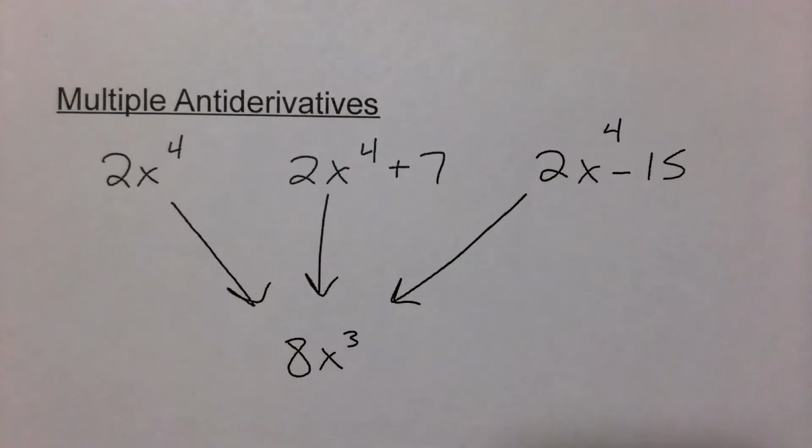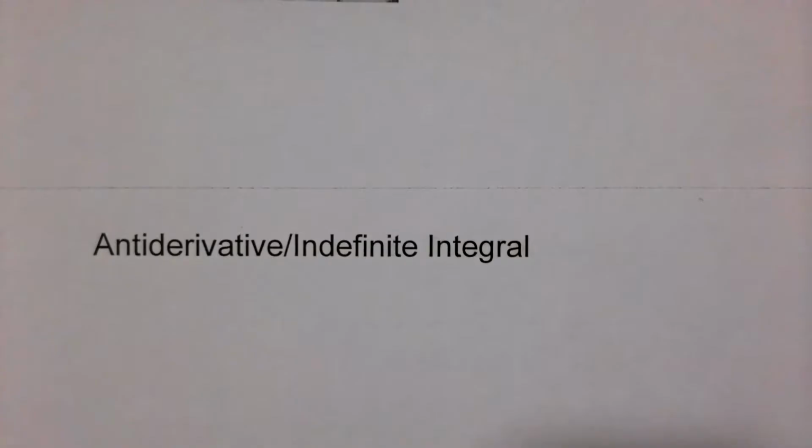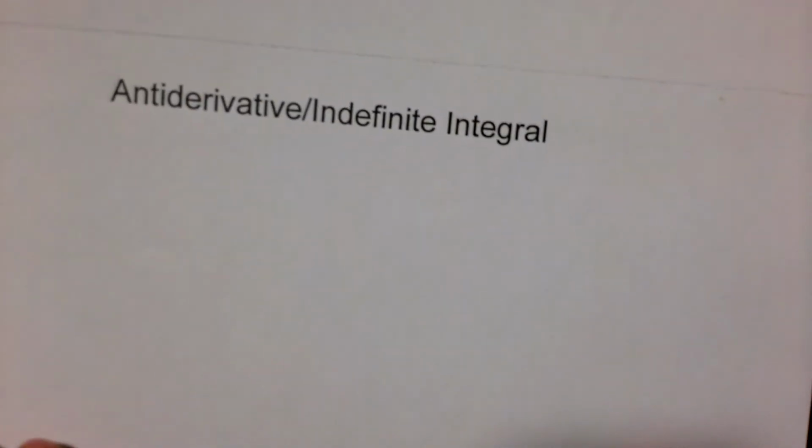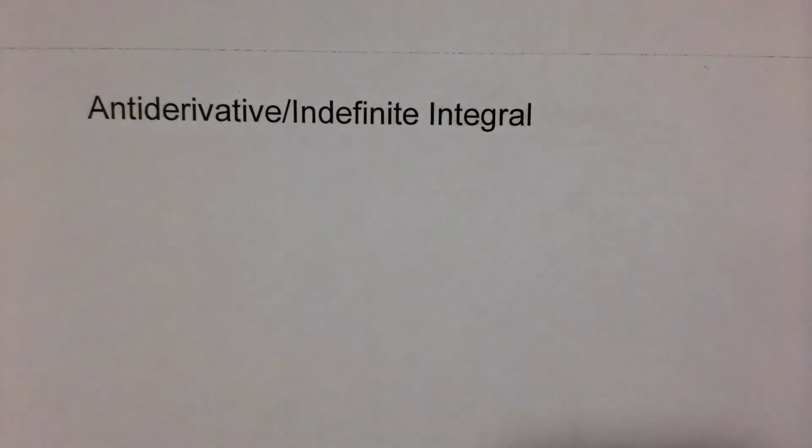So there are actually multiple answers to this, which brings us to how we would represent what we call an indefinite integral. And that means that we are taking the integral of something and not ending up with an exact answer, but a family of answers.